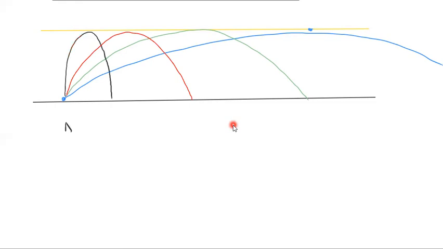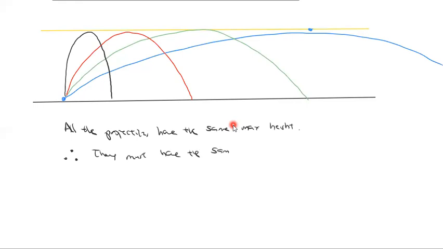So we are saying that all the projectiles have the same max height. Therefore, they must have the same time of flight. In other words, if launched at the same time, then they will land at the same time.